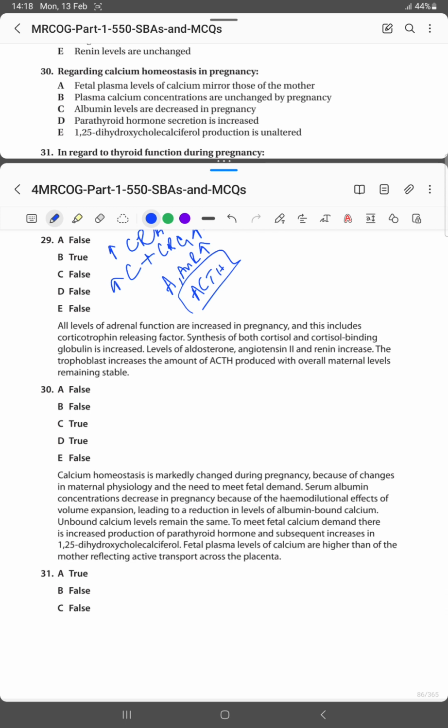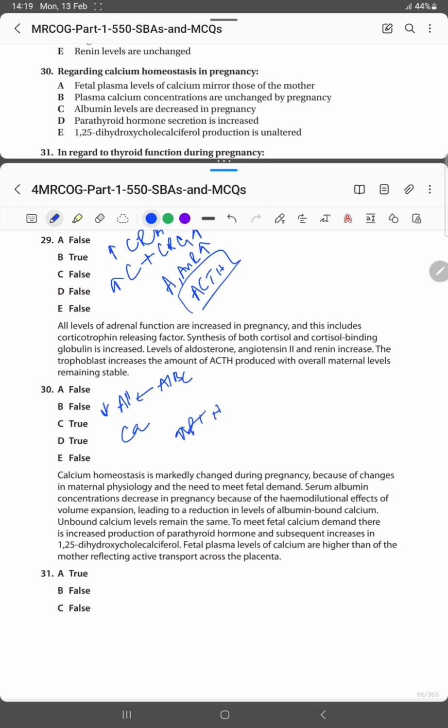The serum albumin concentration decreases during pregnancy because of the dilutional effects of volume expansion, and leads to a reduction in the levels of albumin bound calcium. If the levels of albumin decrease, then albumin bound calcium is also going to decrease.